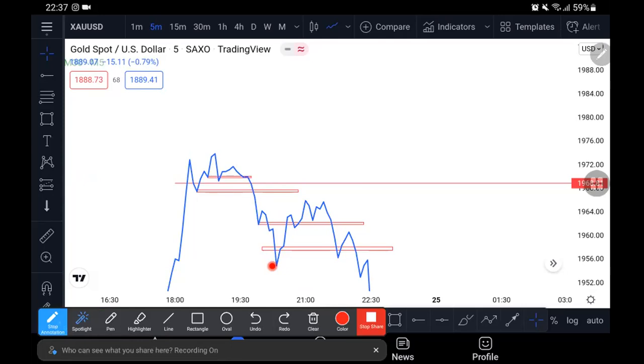So now for gold, on the monthly, it's a buy setup, right? Well, for me, I've been using the monthly as sell, but if you can see the monthly as a buy, it won't be a problem.